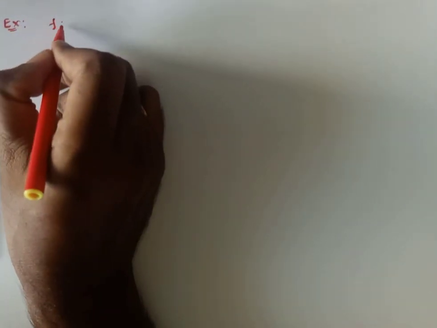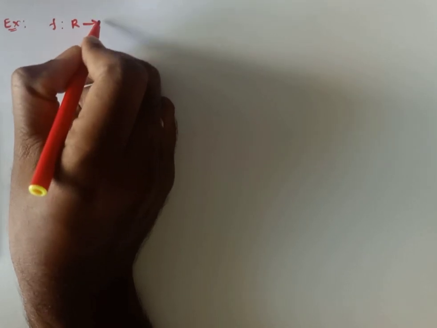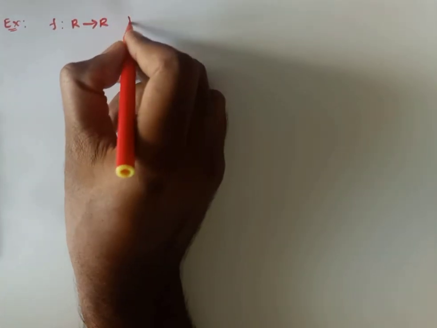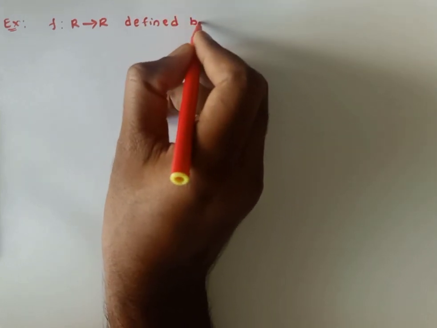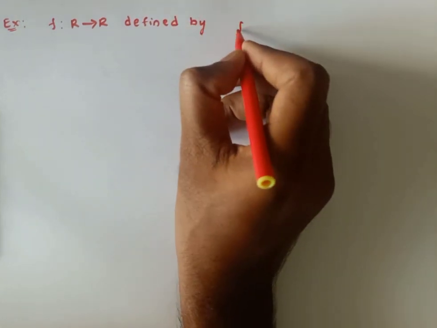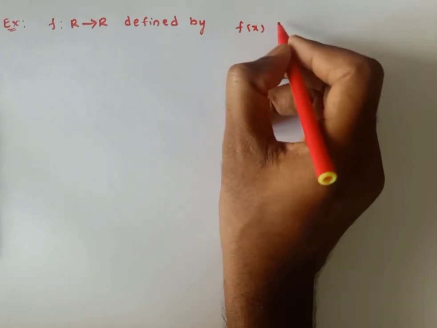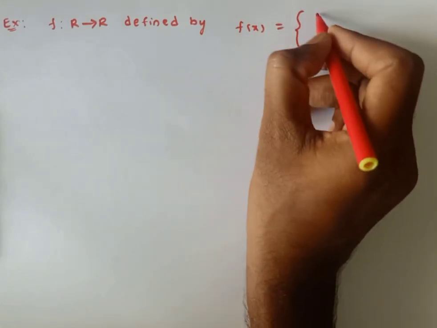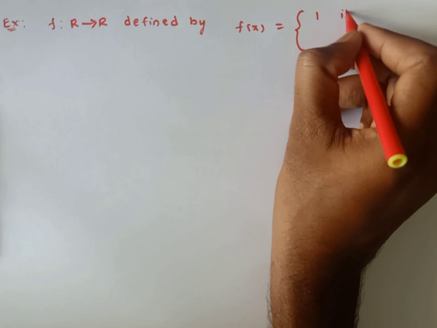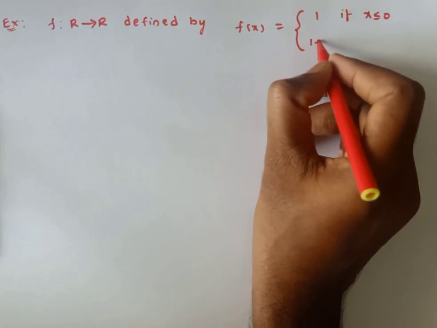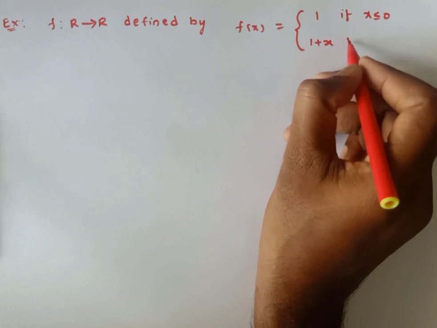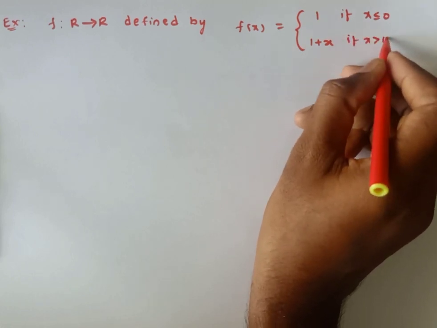Here a function f from R to R defined by f of x is equal to 1 if x is less than or equal to 0, and 1 plus x if x is greater than 0, as we know.